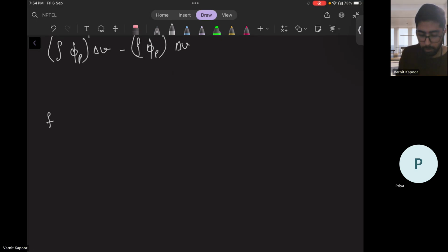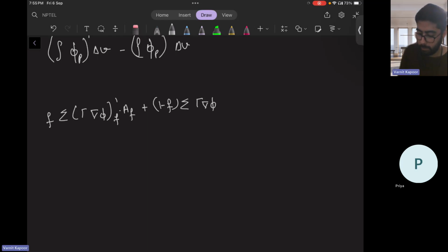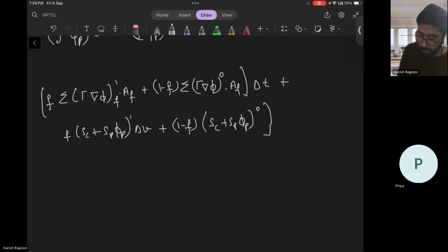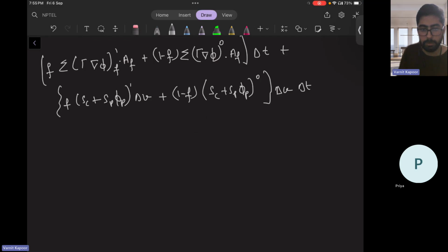So f of summation of a and b phi and b at 1 plus 1 minus the factor summation of a and b phi and b at 0, plus f of source term, SC plus SP phi p at 1, plus 1 minus f of SC plus SP phi p at 0, into del v del t. Okay, these are the two terms if you put together.